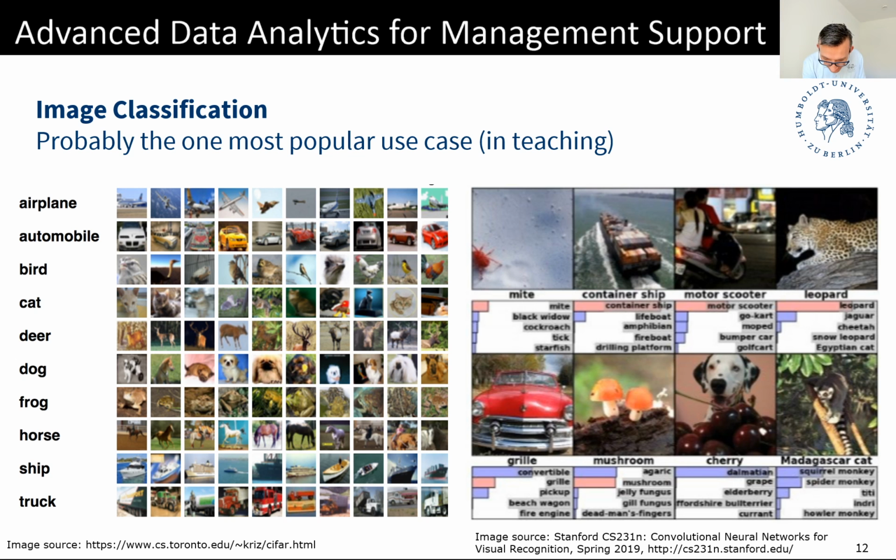This image is annotated in the database as cherry, clearly it shows cherries, but the model predicted the class dog, or more specifically Dalmatian. Sorry if my pronunciation is wrong, I don't use that word very often. And grape is the class with the second highest probability, then elderberry, bull terrier, or currant. So cherry does not even appear in the top 5 of that model.